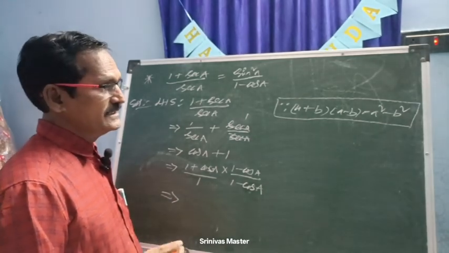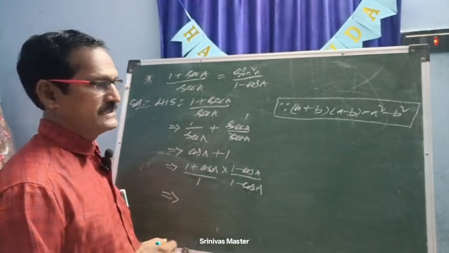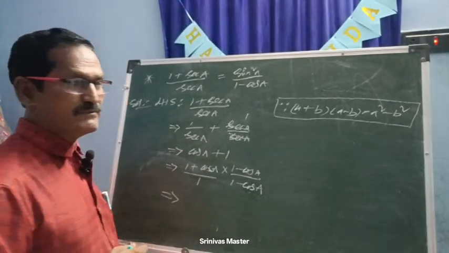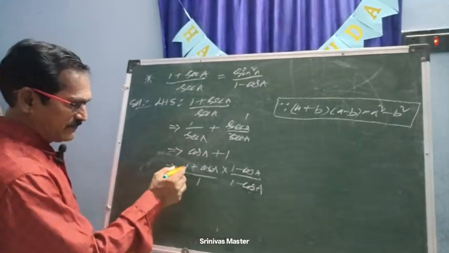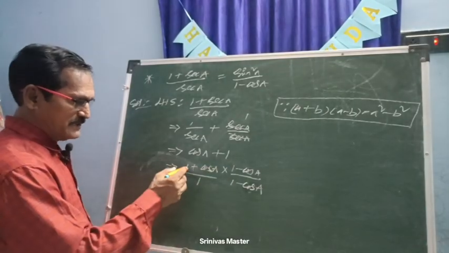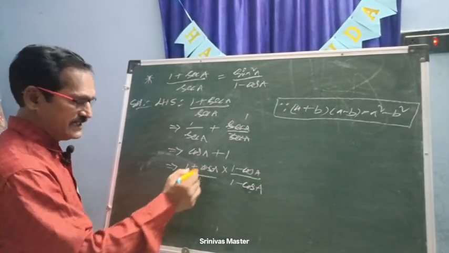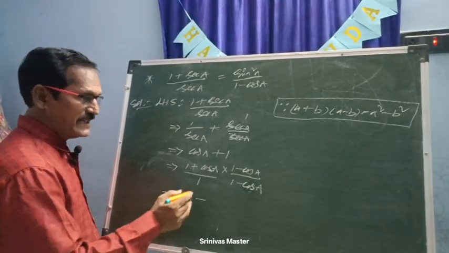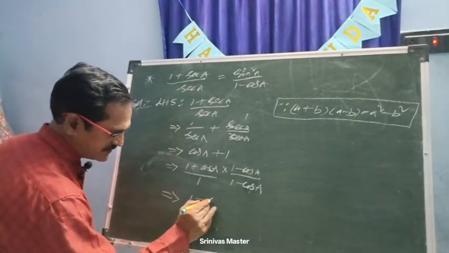It is generally applicable from 6th standard, but from 7th standard on it is completely applicable. A plus B into A minus B is A square minus B square. In 1 plus cos A into 1 minus cos A, A means 1 and B means cos A. A square means 1 square, which is 1, minus B square, which is cos square A.